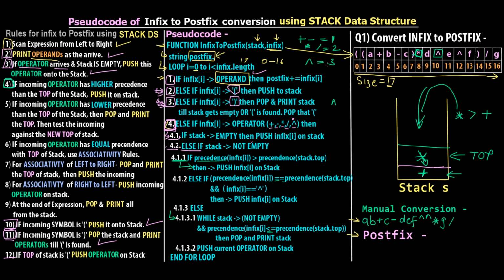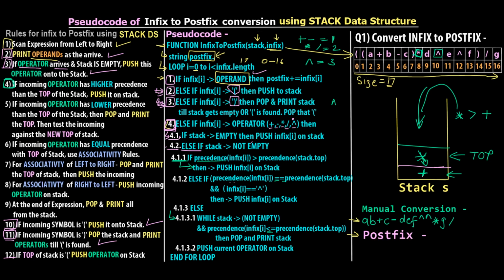Whichever has the highest precedence, we will calculate it according to the precedence function. So that's why I'm using precedence and passing the character infix of I, and then I'm also using precedence and passing the top of the stack character to calculate its precedence. One of these numbers will be returned, and depending upon that, we will calculate the precedence.